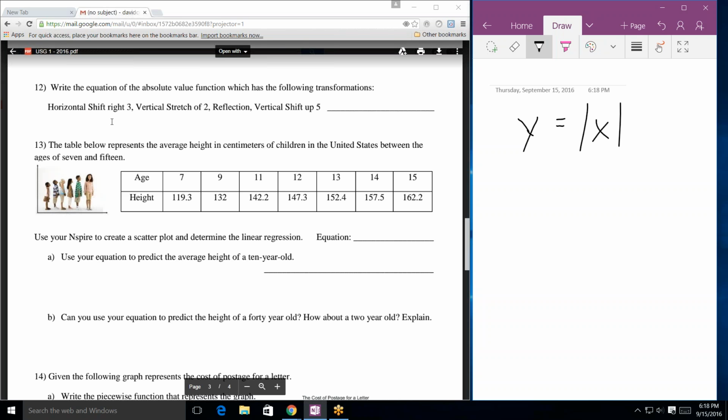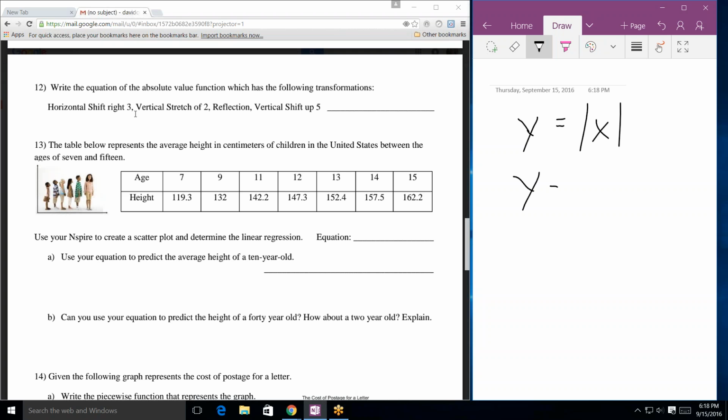Now let's place these four adjustments. How do I do the horizontal shift right by 3 units? Would it be x inside the absolute value lines, x minus 3? Correct. So that would be the first one.